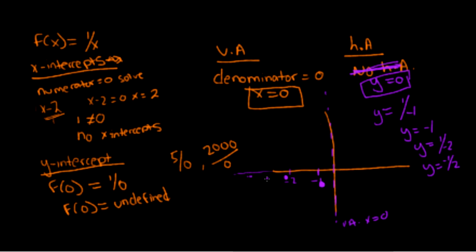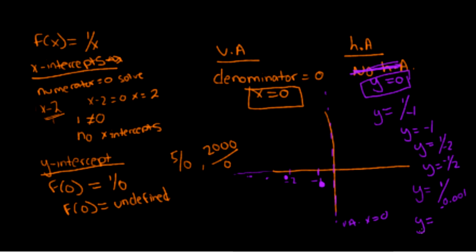As the x values get smaller and smaller, you will see that the y values actually start to increase and increase. I'll show you. We'll take a very small x value. So y is equal to 1 divided by negative 0.001, because it's on this side.